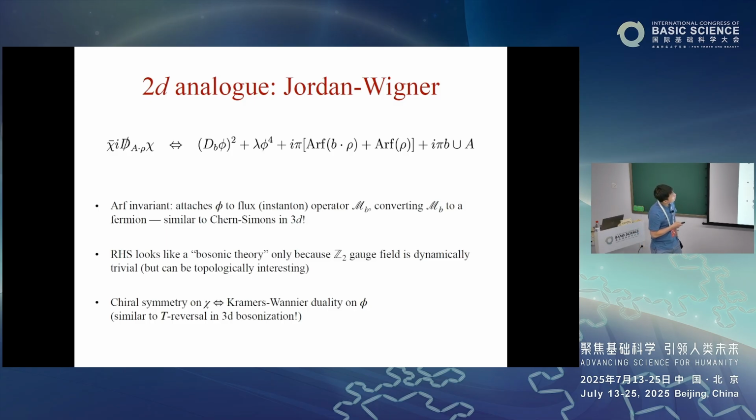Again, the global charge, this fermion parity, this fermion Z2 charge, is now carried by the Z2 instanton of your Z2 gauge field, which is very similar to the Kramers-Wannier duality, except now you also have this additional Z2 topological term involving the dynamical Z2 gauge field.